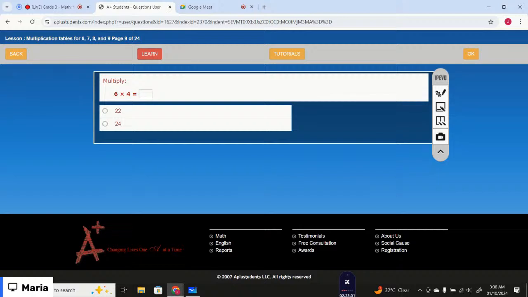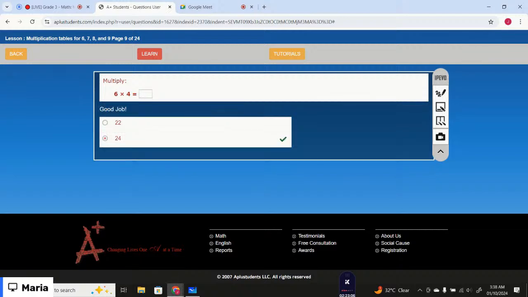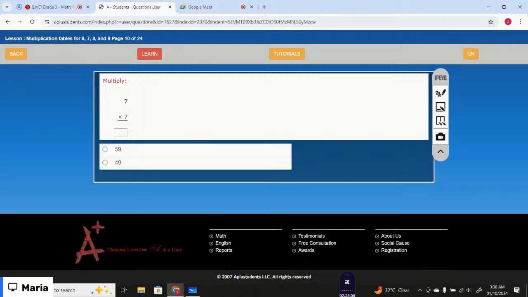That is 6 times 4 is 24. Option number 2 is the correct option. 7 times 7, which is the correct option. Seven times seven is 49. Option number 2 is the correct option.